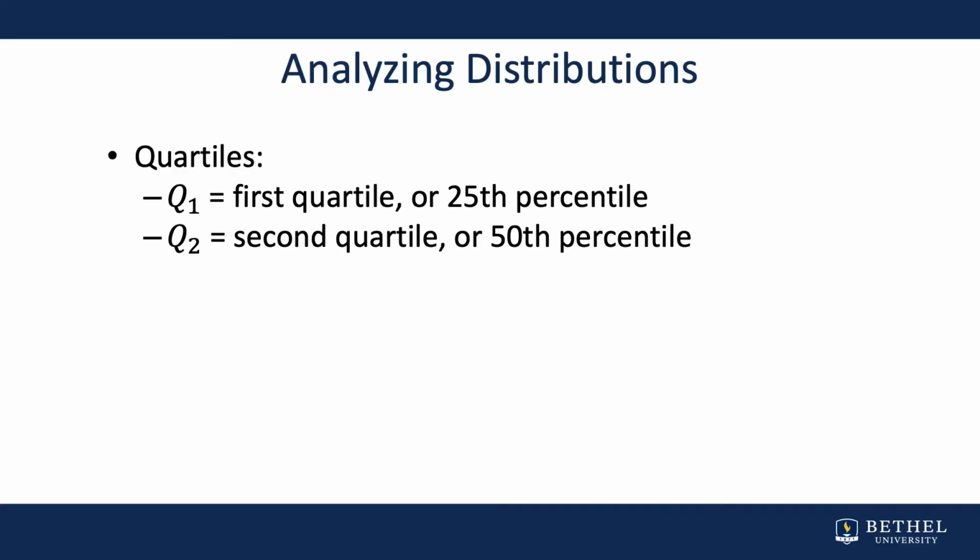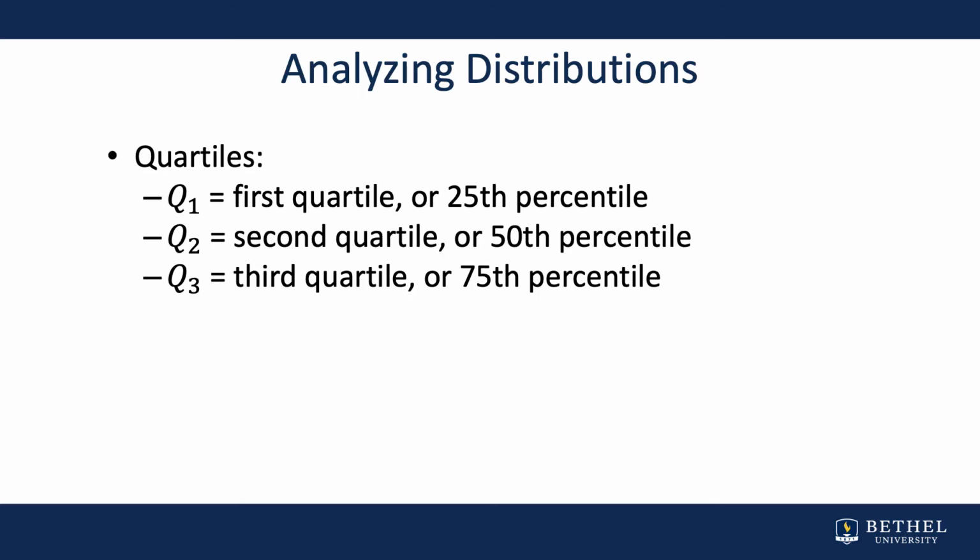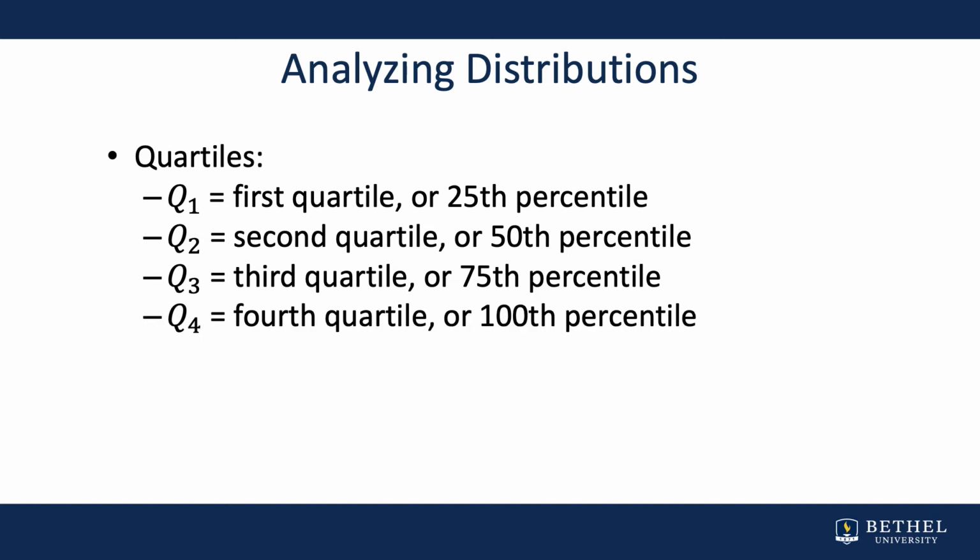So that would be all of the data that fits between 0 and 25 percentile of the data observed. The second quartile would be the 50 percentile, or also the median, which we just talked about. So from the 25th to the 50th, that's Q2. Q3 is from 50 to 75. That would be the third quartile. And then the fourth quartile would be from 75 to 100.